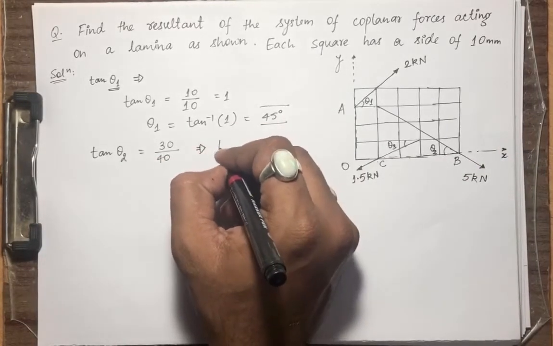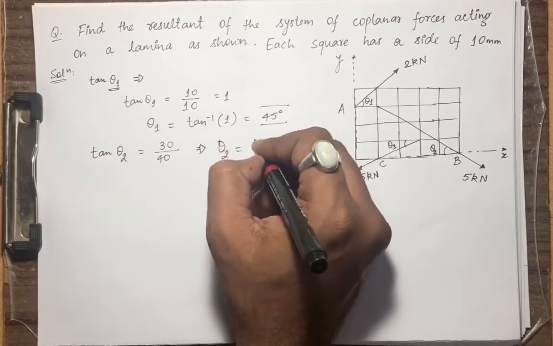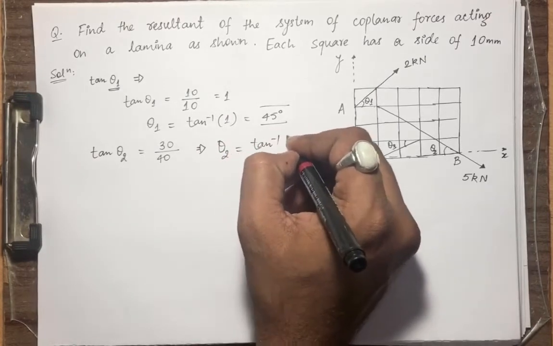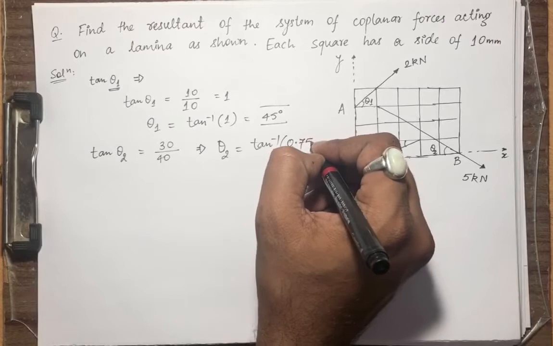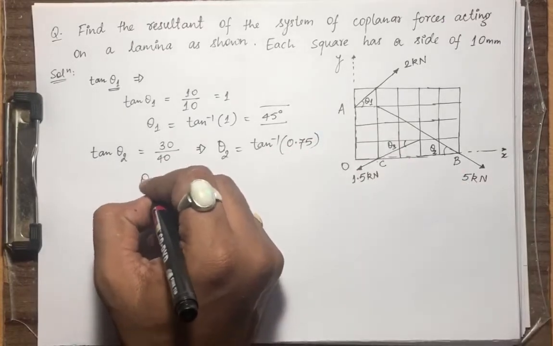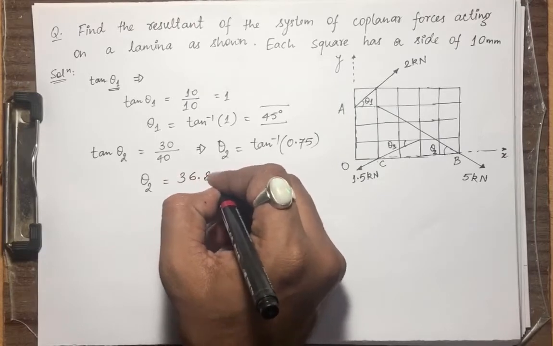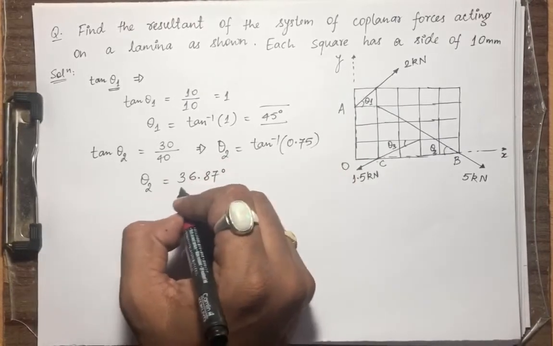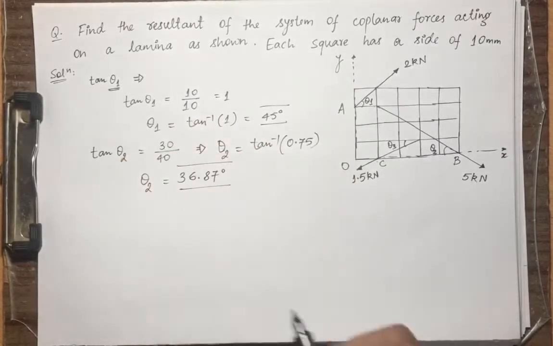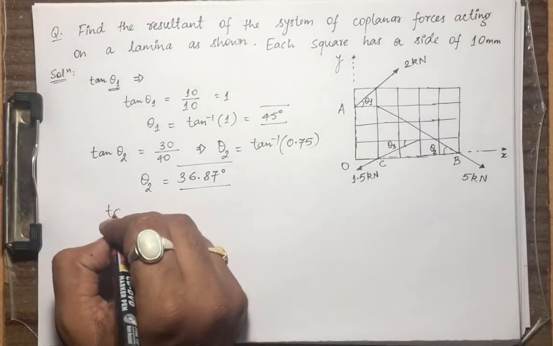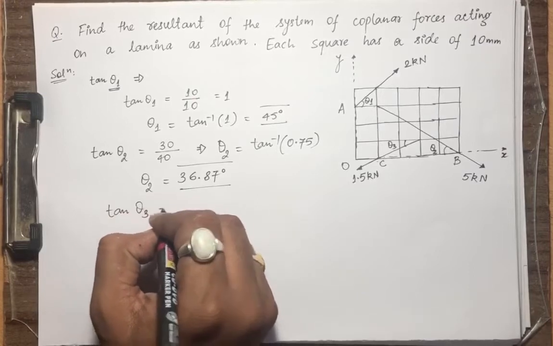So theta 2 is tan inverse 0.75, or theta 2 is 36.87 degrees. Clear?